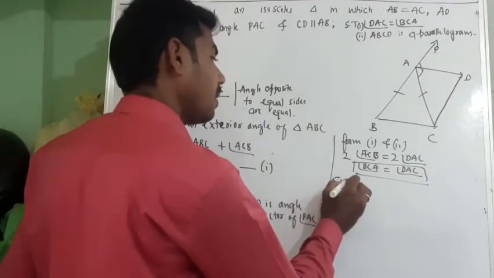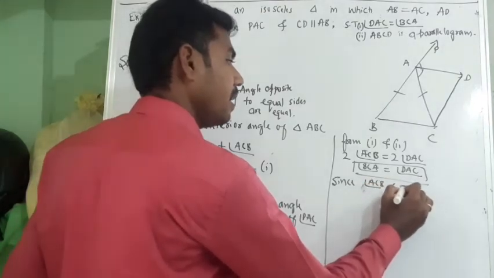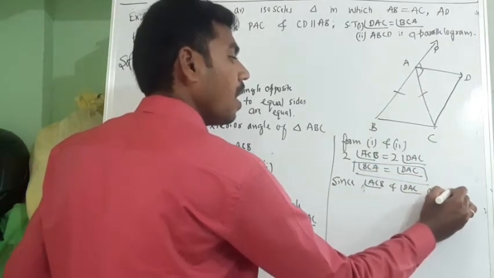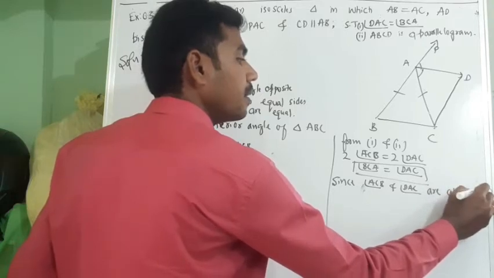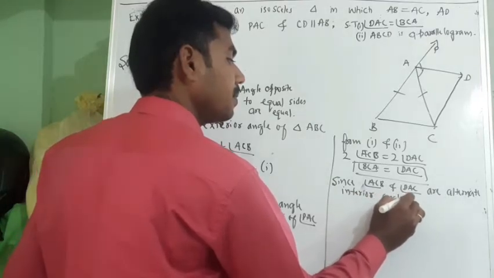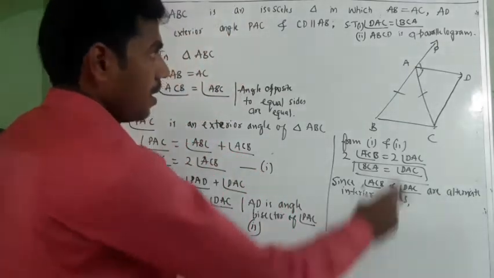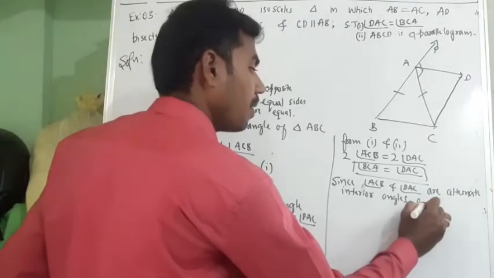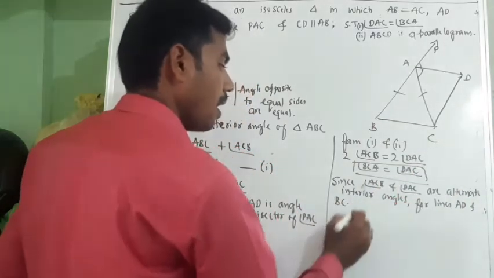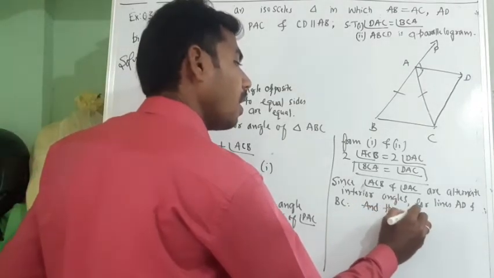Since angle ACB and DAC are alternate interior angles for lines AD and BC, and one more word I need to add, AC is the transversal, and they are equal.